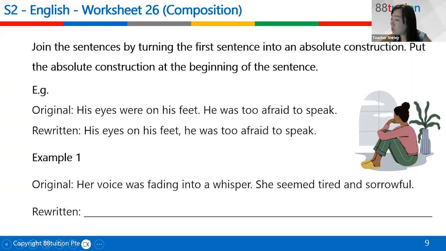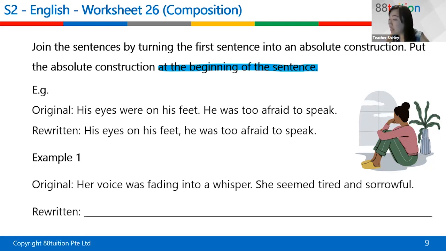Now we will try to construct an absolute construction on our own and put it at the beginning of the sentence. That's the criteria. The original sentences would be: his eyes were on his feet, he was too afraid to speak.